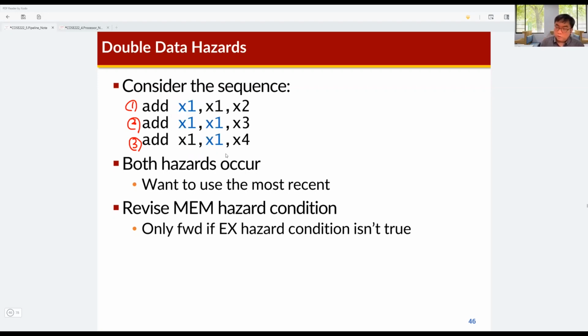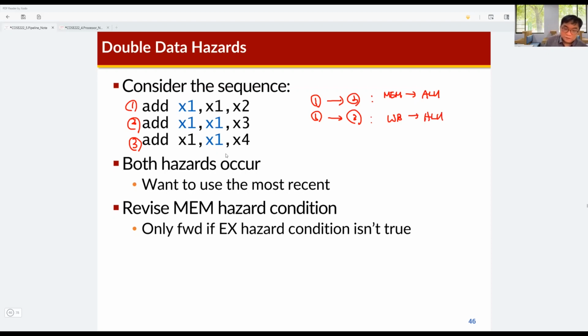When you learn about data forwarding, we need to consider the data forwarding from the first instruction to the second instruction. This data forwarding is from the memory stage to the ALU. And then we also need to consider the data forwarding from the first instruction to the third instruction. That is from the write back to the input of the ALU.